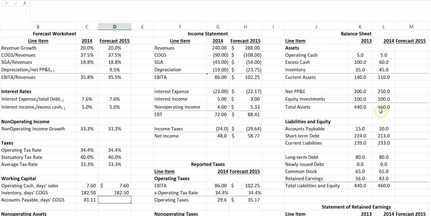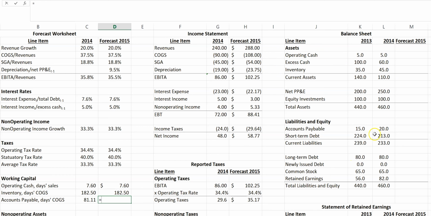Now my accounts payable on the other side is again going to be a function of cost of goods sold. Remember, accounts payable is money that we owe for buying product that I then turn into inventory, right? So these three things are tied together. I owe my suppliers for product that I've paid for and inventory that I've already built.